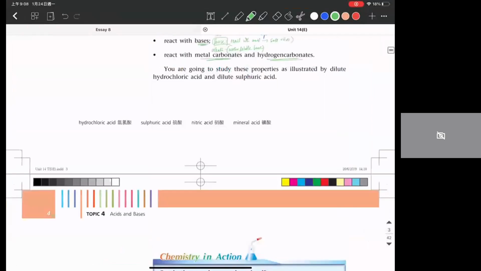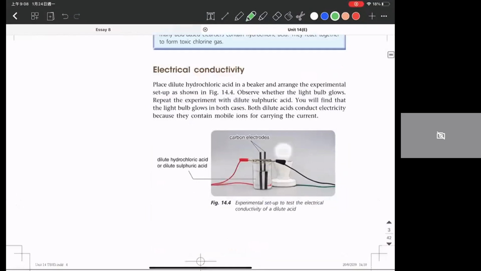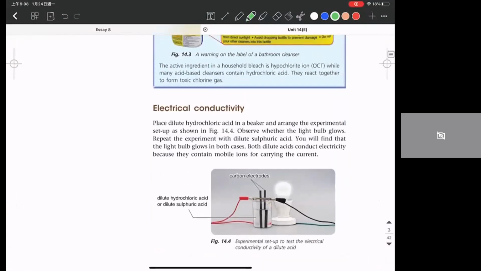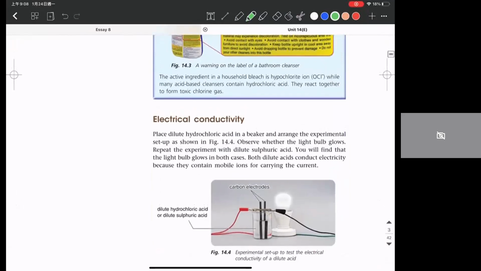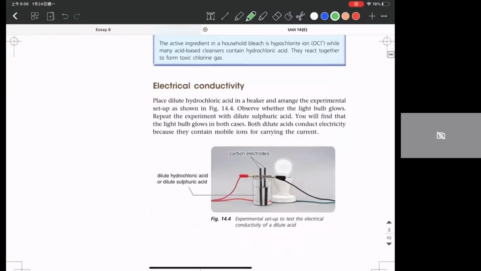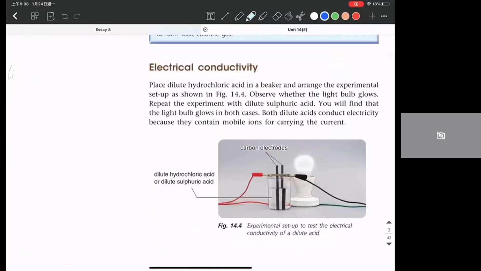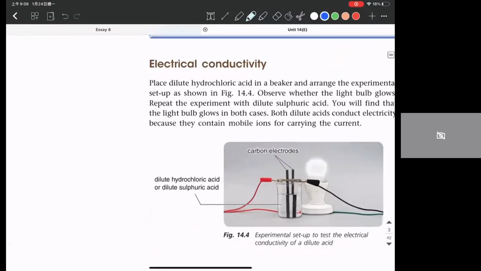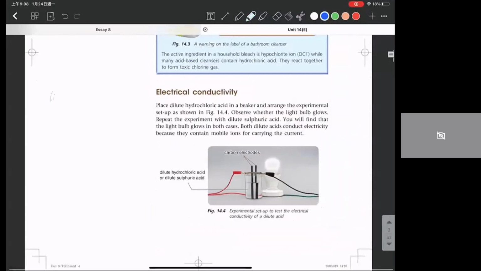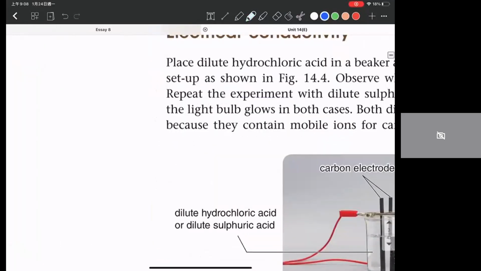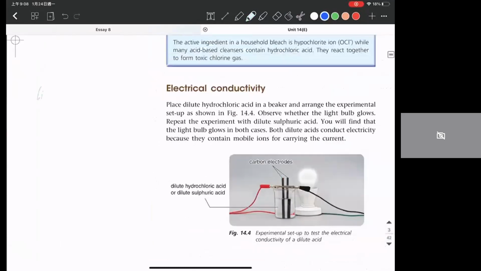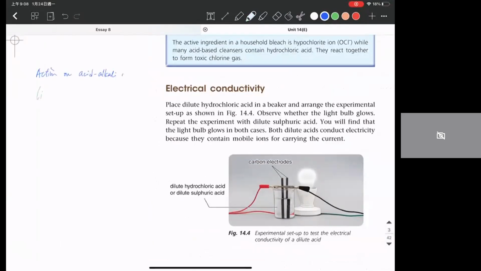So we collectively got quite a lot of information. Let's have a summary of what we have. First of all, the action of acid on litmus, alkali, and indicators.